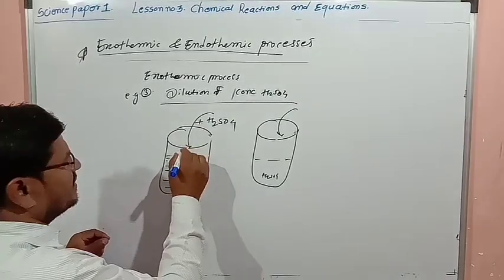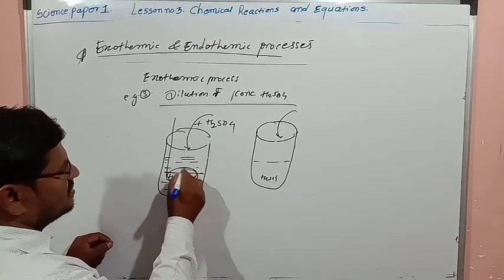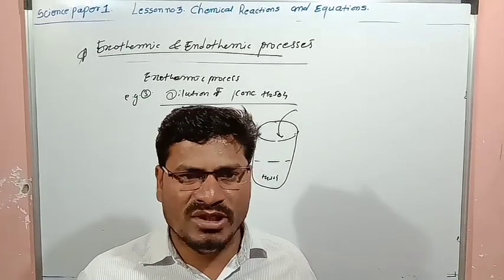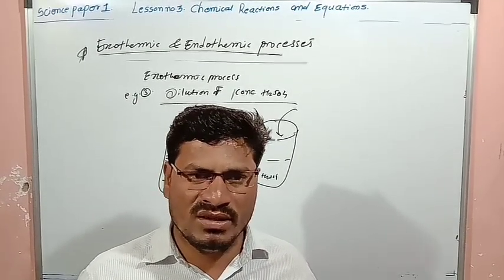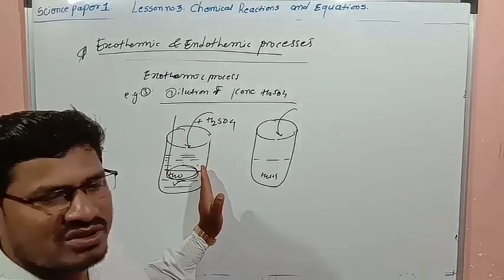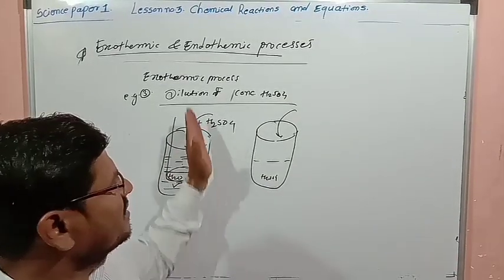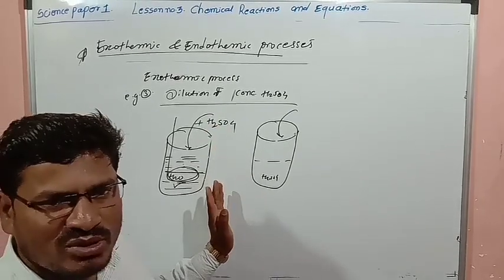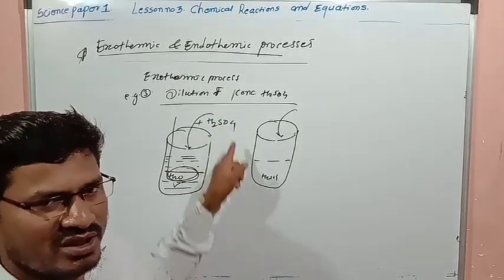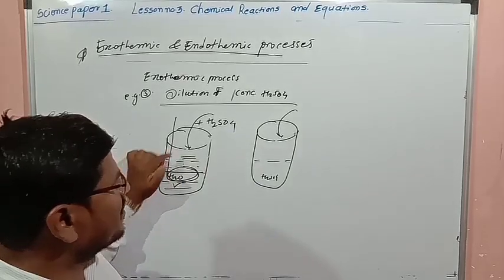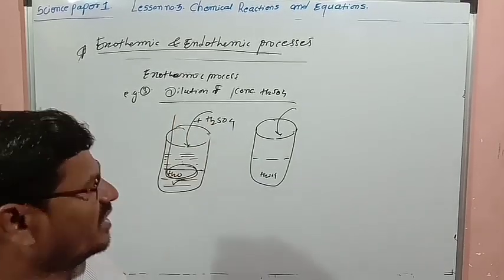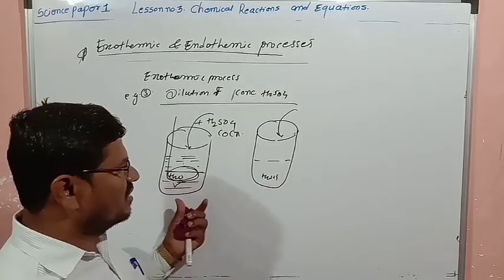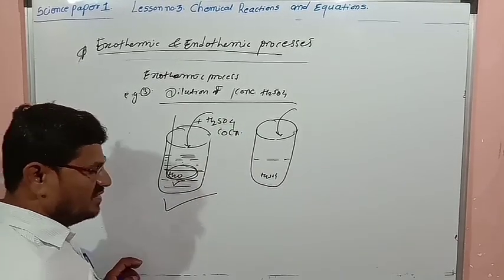Less heat will be produced each time, and the dilution will take place easily. Adding concentrated sulfuric acid into water is the right process.